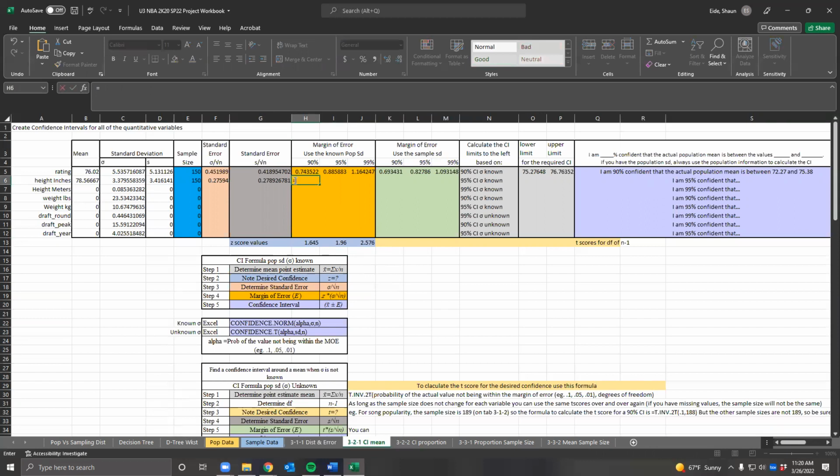And so we do equals the z-score of 1.645 multiplied by the standard error. Okay. And so we've got the standard error right there. And just press enter. So then for the 90% confident, and then the 95% confident, you do something very similar: equals the z-score multiplied by the standard error.